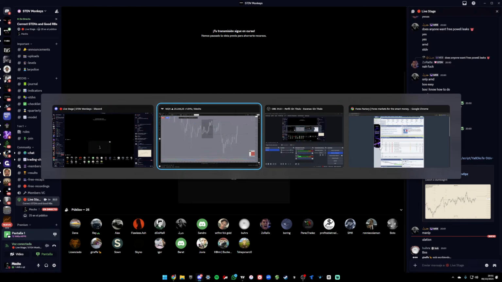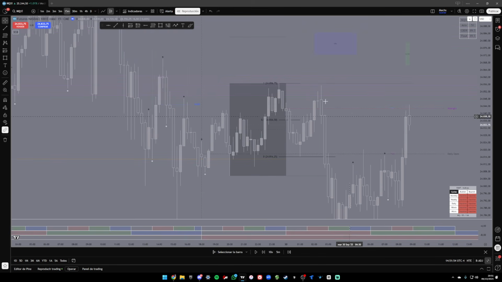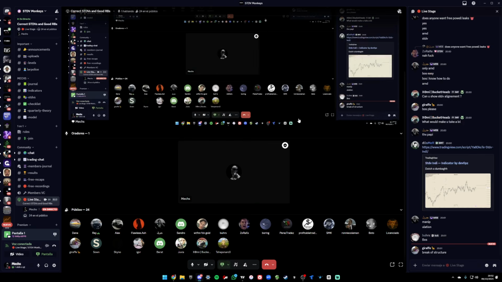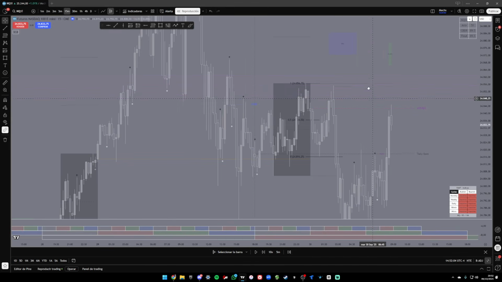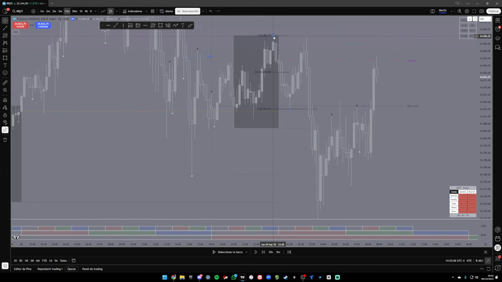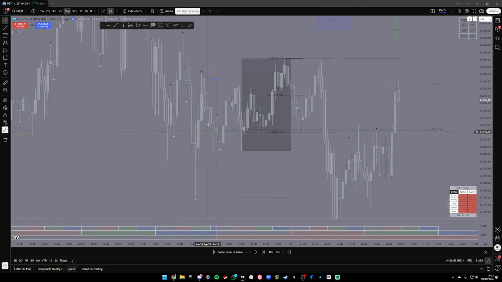Also, keep in mind that I am marking it from the left to the right. This break of structure standard deviation: why? We see an accumulation here, and I take the highest point of the accumulation.